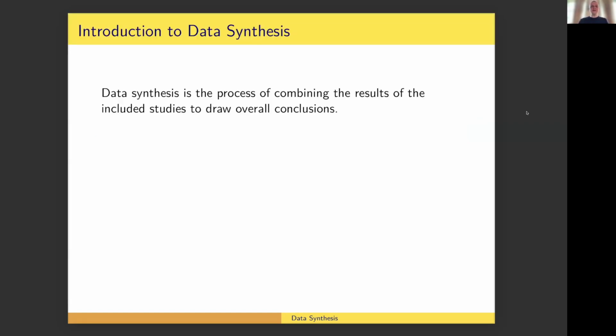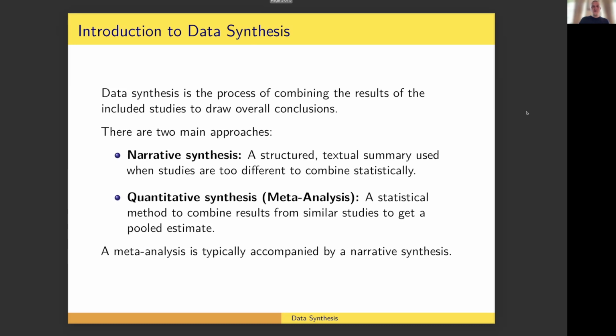So the data synthesis is the process of combining the results of the included studies to draw overall conclusions and to highlight the ability of the current evidence to respond to specific questions. There are two main approaches. You have a narrative synthesis, which is a structured textual summary, and it's used when studies are too different to combine statistically, but I'd argue that you use it even when they are statistically combined.